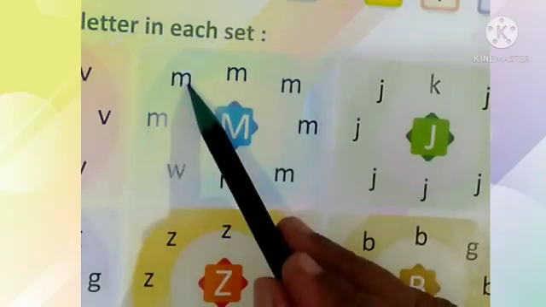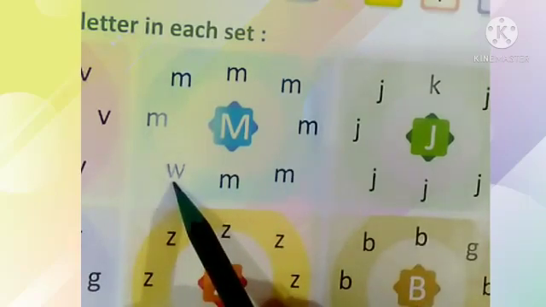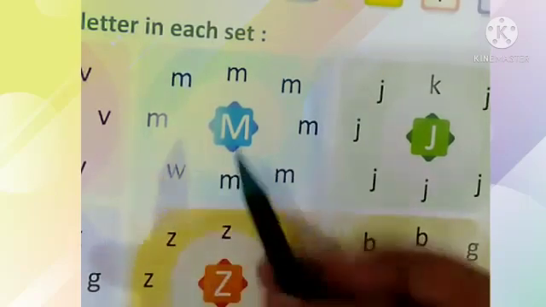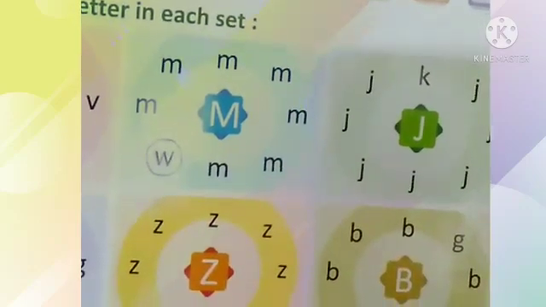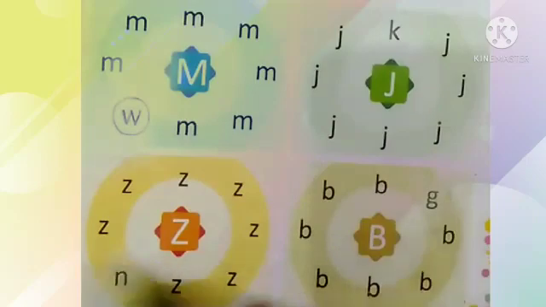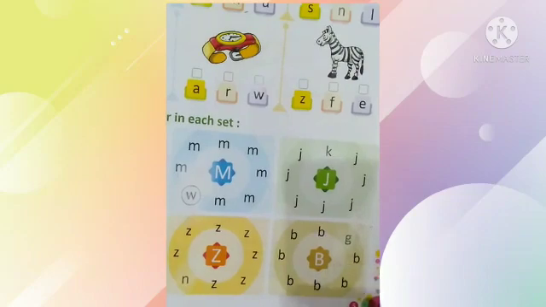This is M. But what is this? W. So you have to make a circle on this. Like this you will complete these letters. Okay? Like this you will complete page number 5.